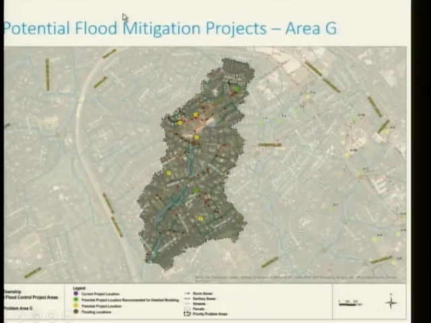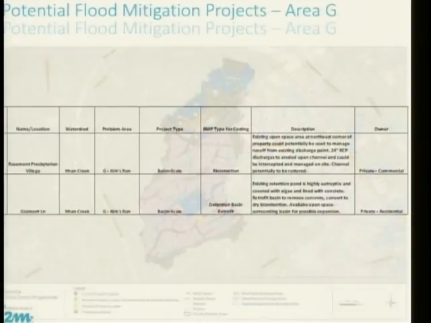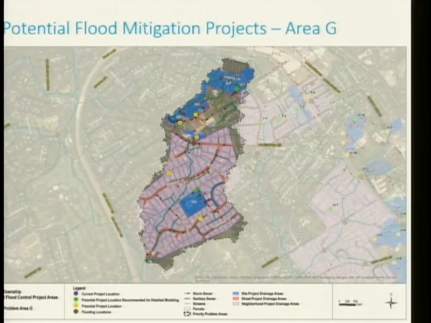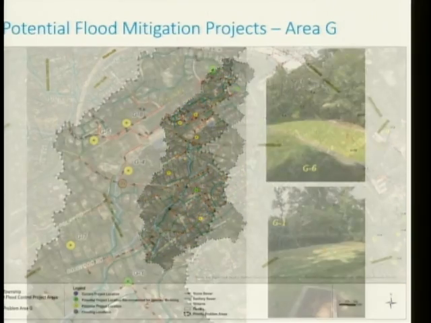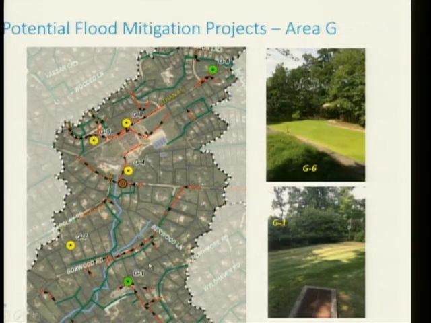And the other one was the Rosemont Presbyterian Village, G1. That's down here, and it looks like this. Really, it's just a green space at the bottom of this site, the back corner of this site. There's also a little bit of green space at the other end of the site. This is a parking lot right here.